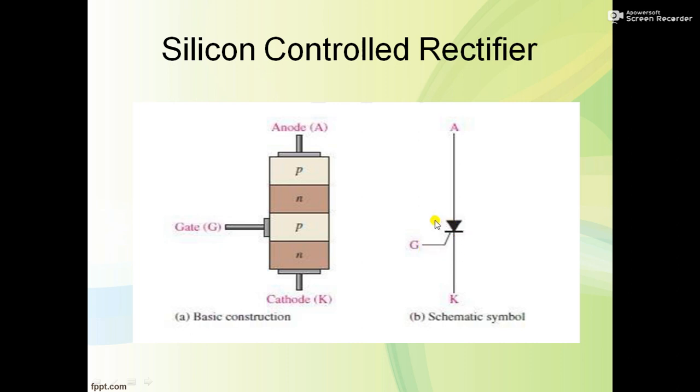The SCR is called a current operated device. And since the basic fabrication material is silicon, it is called a silicon controlled rectifier. So this is about the basic construction and the schematic symbol.